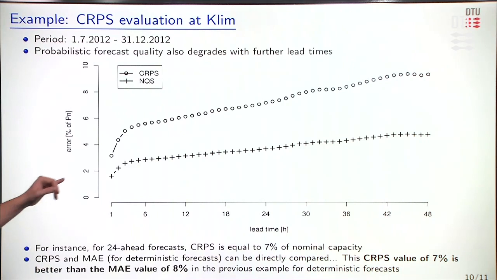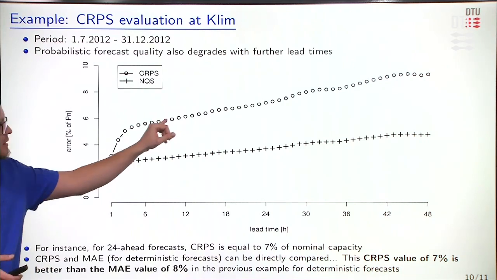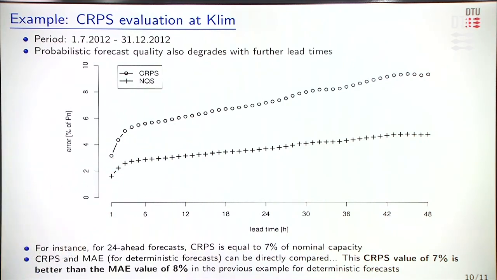The value of the CRPS is here, with this circle and small lines between them. And I've shown here another score, which we'll not study here, which is the NQS, which we may find in some papers or some books. As you can see, the evolution of the CRPS with the lead time is quite similar to what we saw for the RMSE and the mean absolute error.